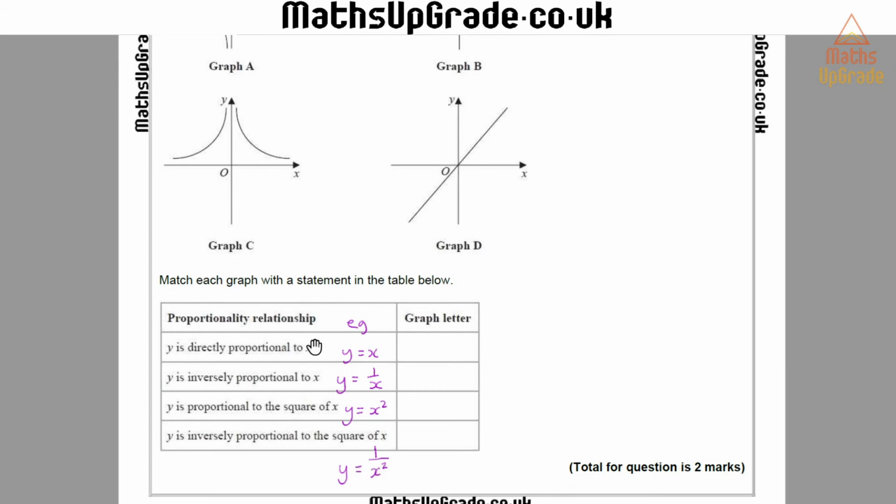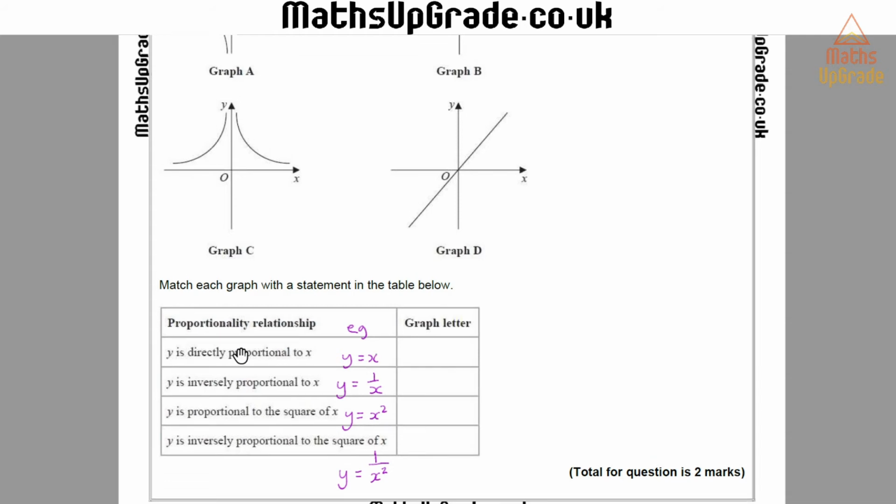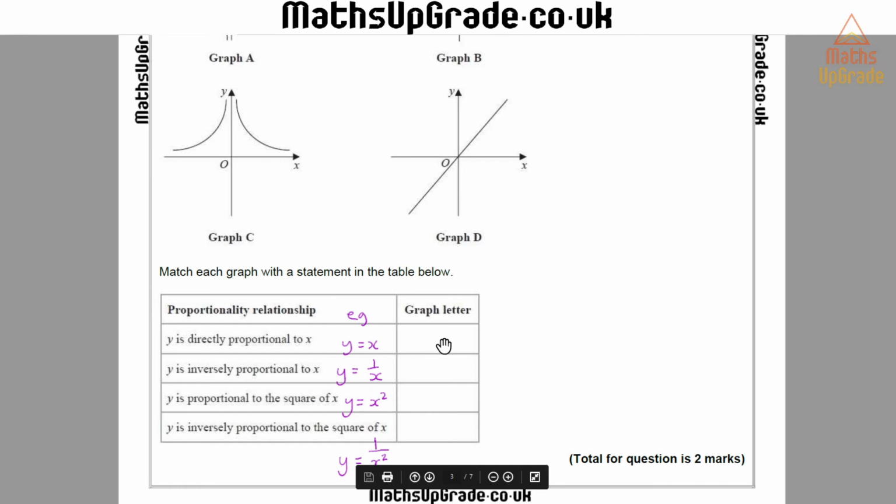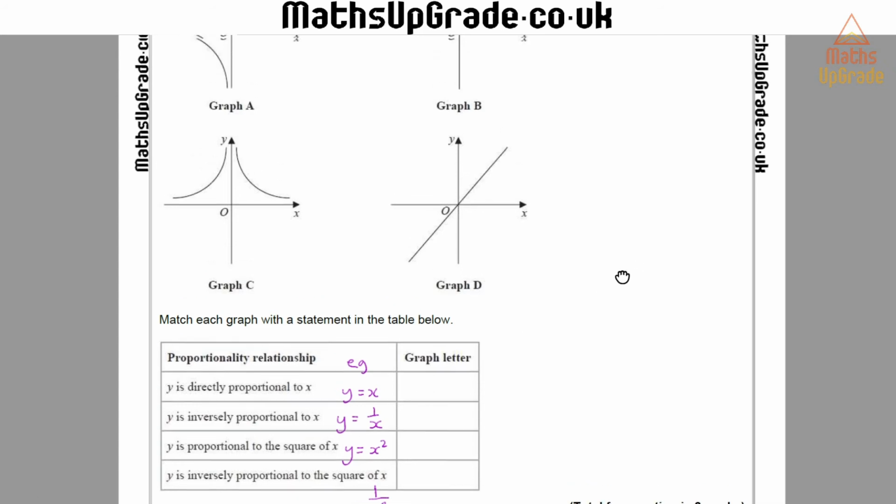When it's directly proportional, that is when y equals a constant times x. So in other words, it could be y equals x, y equals 2x, y equals negative 5x, but it's always going to be a straight line graph. So this graph D would be the first statement here. The next easiest one here is this third one, y is proportional to the square of x.